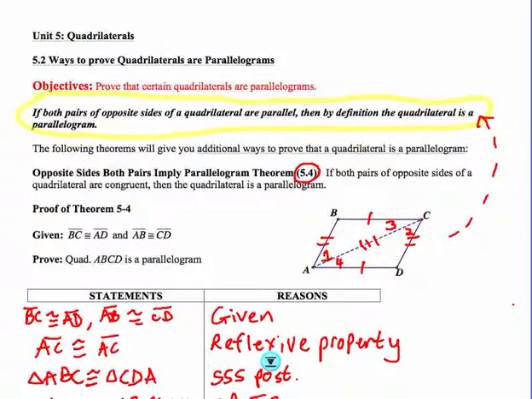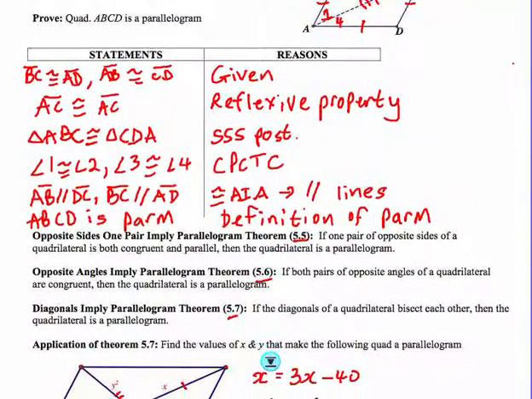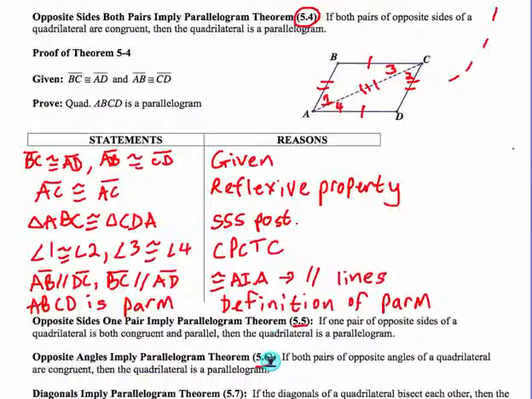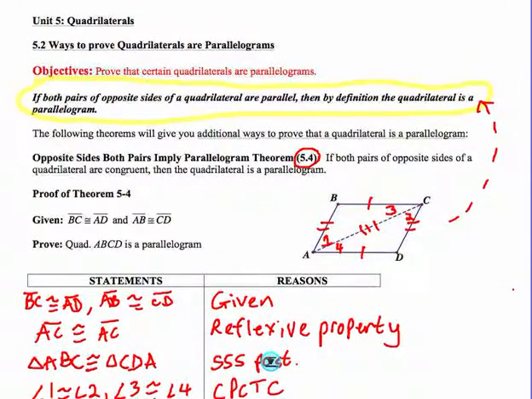And again, your conclusions should be based on the markings in combination with theorems 5.4, 5.5, 5.6, and 5.7, which highlight the ways in which you can prove that a quadrilateral is a parallelogram.